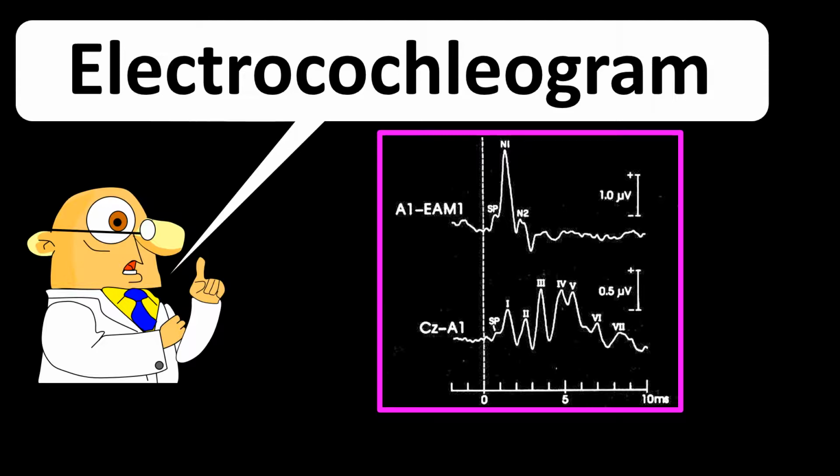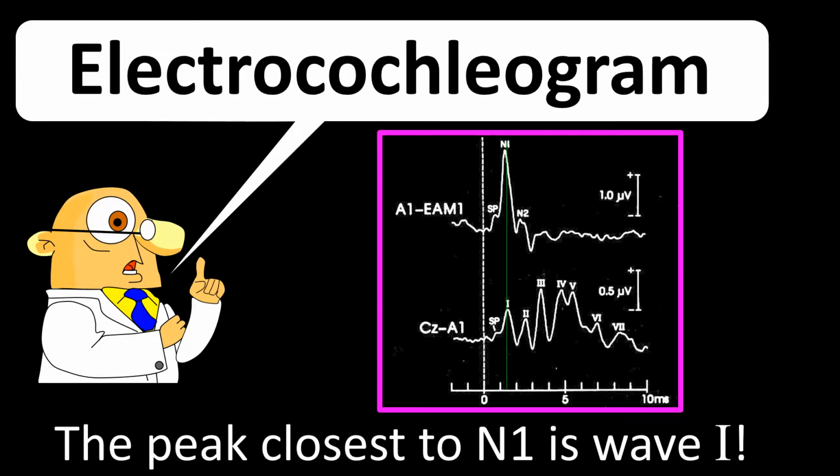I put it here to show you that brain auditory evoked response wave 1 corresponds to wave N1 in the electrocochleogram. And to remind you that brain auditory evoked response wave 1 is the one closest to the N1 wave in the electrocochleogram.